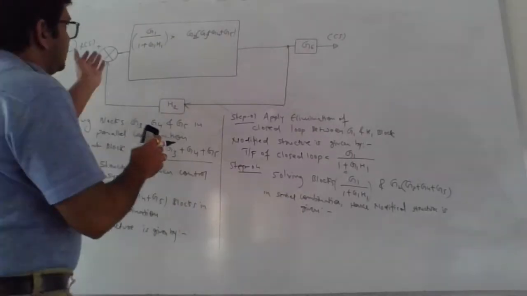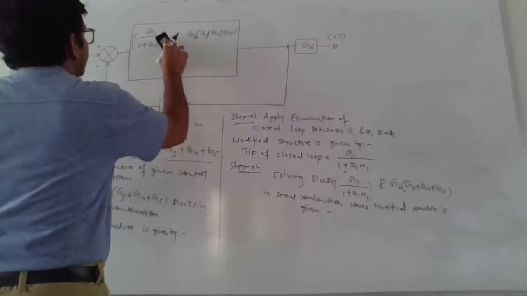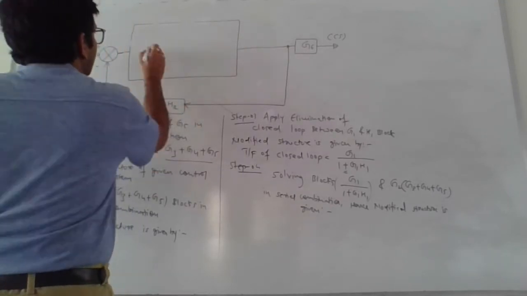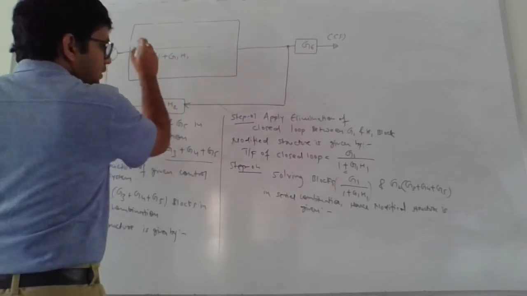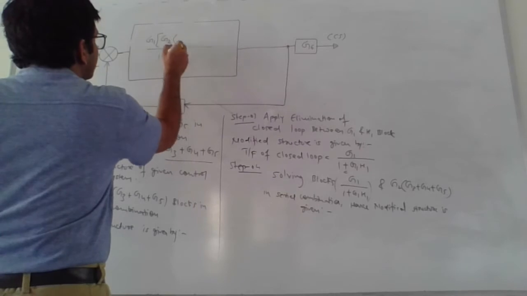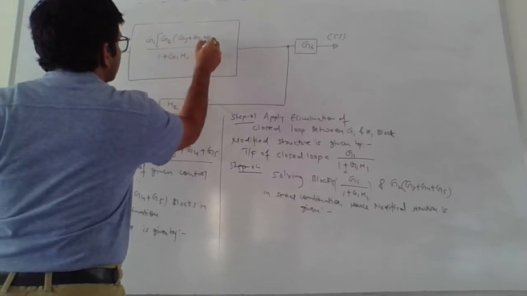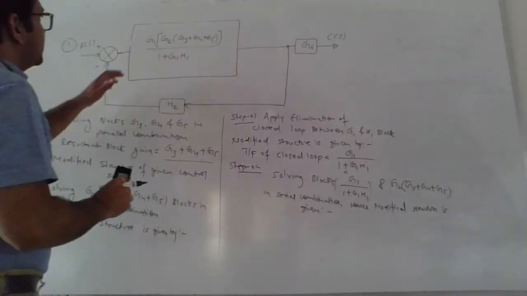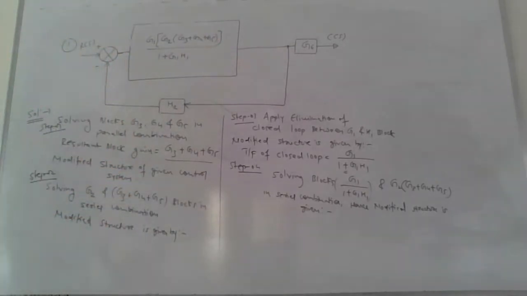Or you can multiply or simply write this as a combination like this, whole divided by denominator will remain same, 1 plus G1 into H1, but in numerator we are having G1 in bracket G2 then bracket G3 plus G4 plus G5, like this. Or simply it is nothing but G1 into G2 in bracket G3 plus G4 plus G5. They are nothing but the same thing.